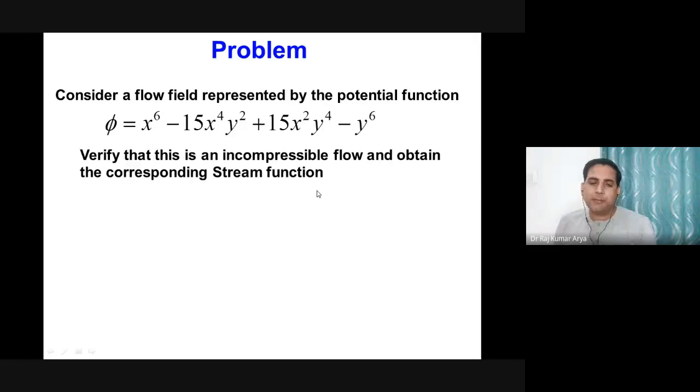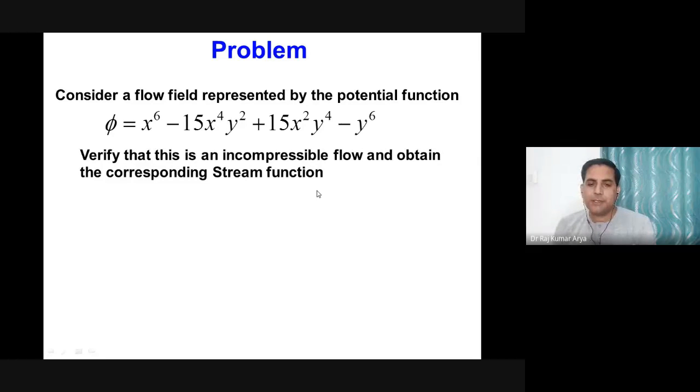Now you have to verify it first whether it is incompressible flow or not. First you have to verify this, and after that you have to obtain a corresponding stream function also. What would be the stream function for this particular flow? So can you people do that?